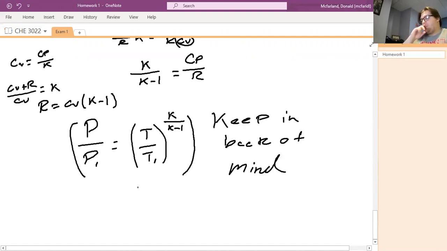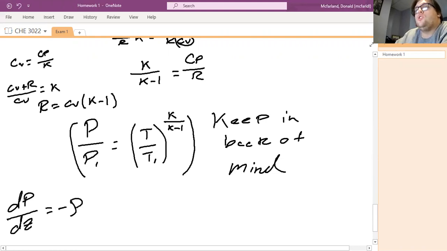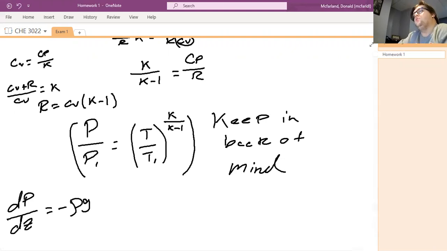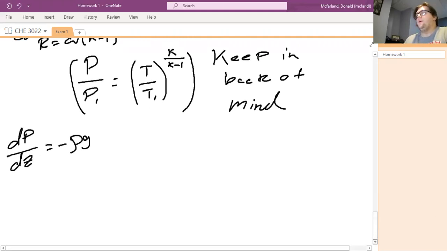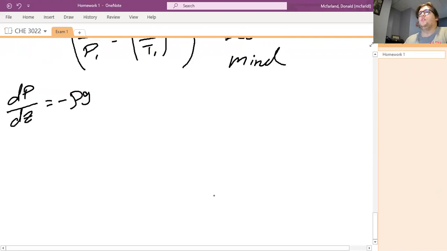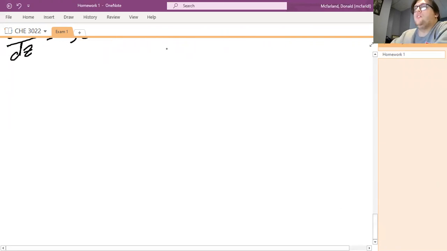So remember when we were talking about the isothermal process, where the change in pressure was related to change in depth by negative rho g, or negative density times acceleration due to gravity. There we go. It should be a little better. Okay.